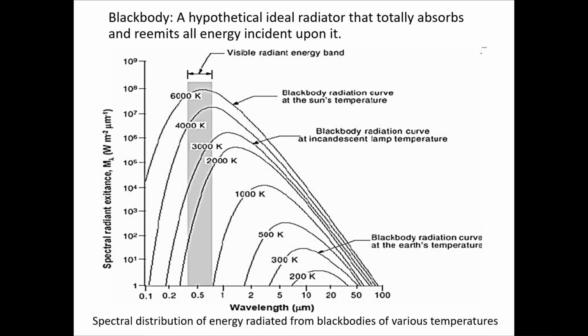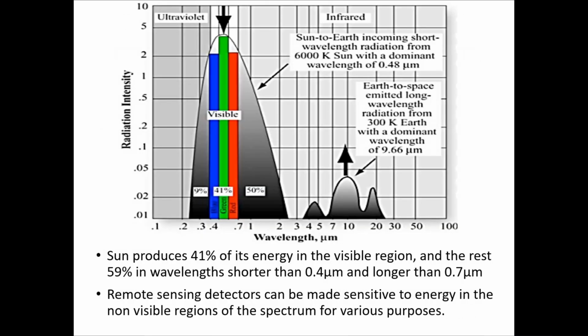So here if you look at this, the sun produces 41% of its energy. You can see here blue, green, red. The sun produces 41% of its energy in the visible region, and the remaining 59% is in wavelengths shorter than 0.4 micrometer, as you can see here, and longer than 0.7 micrometer.